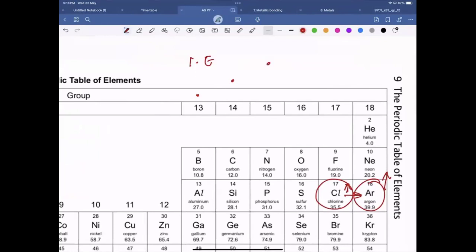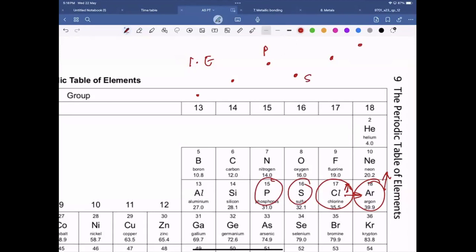This is for the group 15 element, and after 15, it goes down like this, and then it goes up like this. So if you see, this is sulfur and this is phosphorus. Phosphorus is over here and sulfur is over here, isn't it?